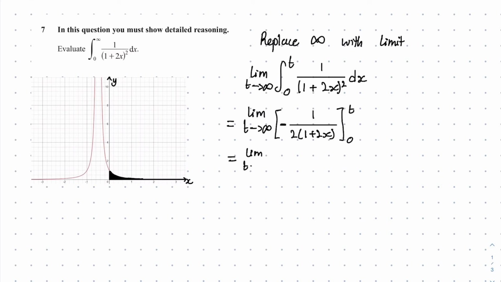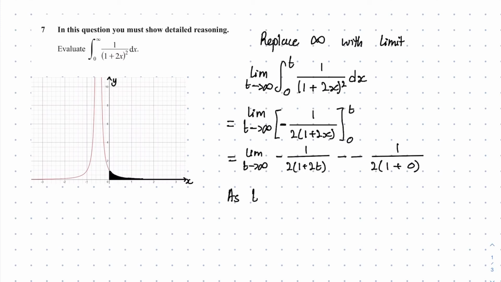Evaluating the equation with our limits, we've got the limit as t tends to infinity of minus 1 over 2, and then in brackets 1 plus 2t, close the bracket, take away the negative of 1 over 2, open bracket, 1 plus 0, as we replaced x with 0.